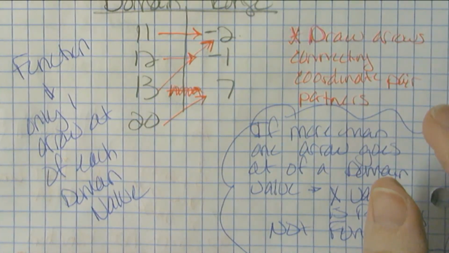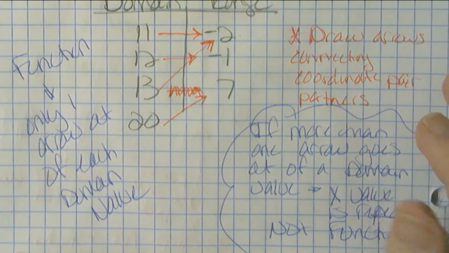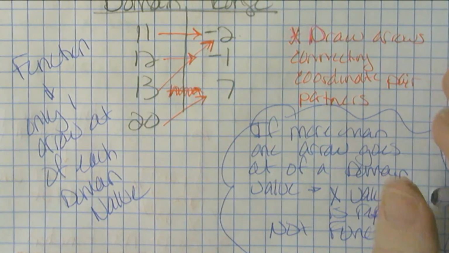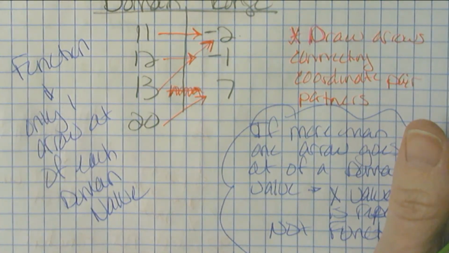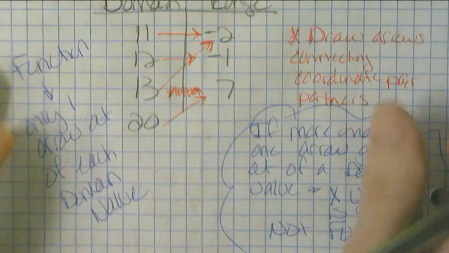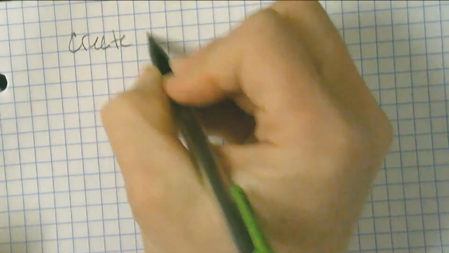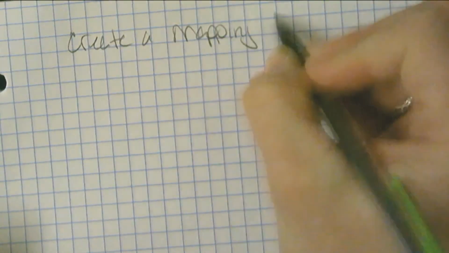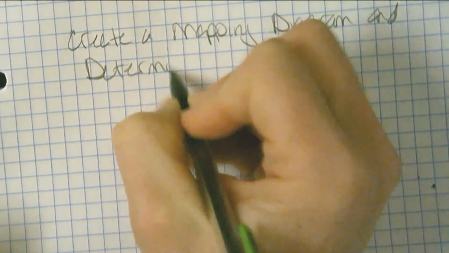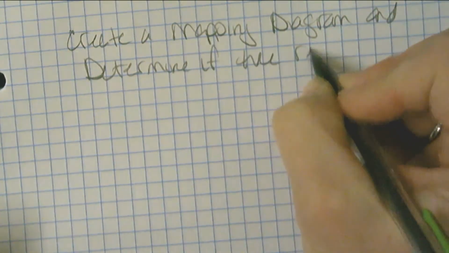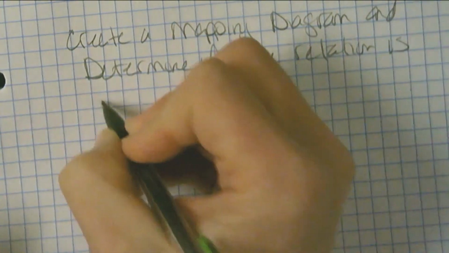Alright, I'm going to give you another set of coordinate points, and I want you to create a mapping diagram and determine if the relation is a function.